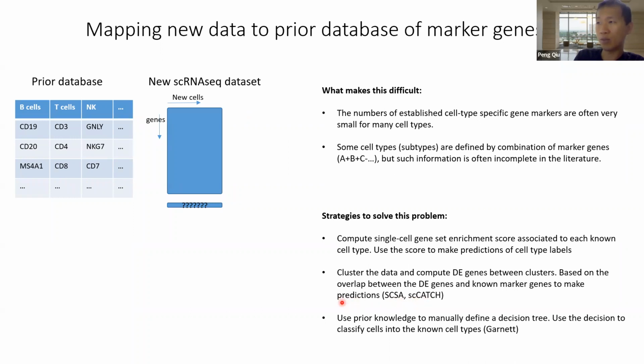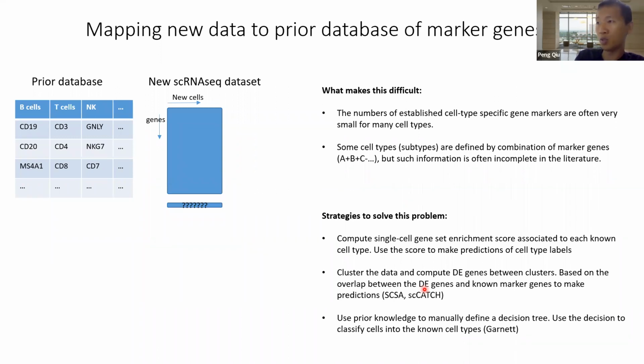For both algorithms, the way they operate is that they first cluster the data so that given this new data set, they derive, say, these 100 cells belong to the same cluster and these maybe 500 cells belong to another cluster. And then what they do next is they perform differential expression of one cluster against all other clusters combined to identify genes that are relatively highly or lowly expressed compared to the rest of the data.